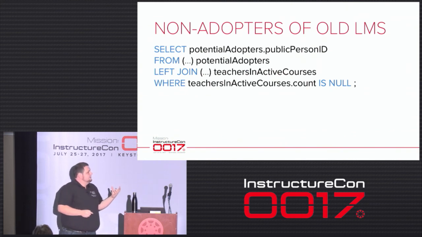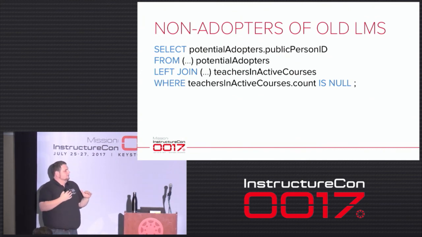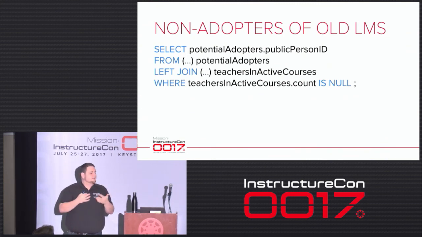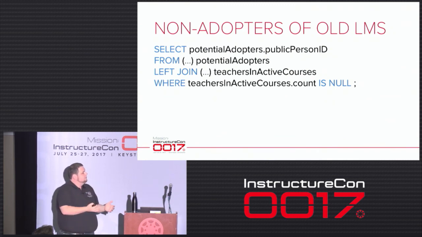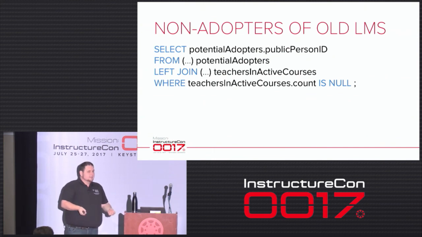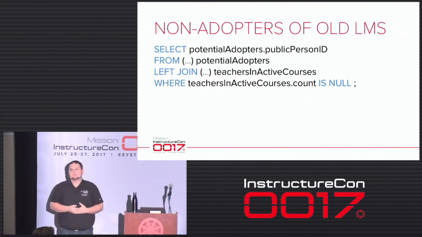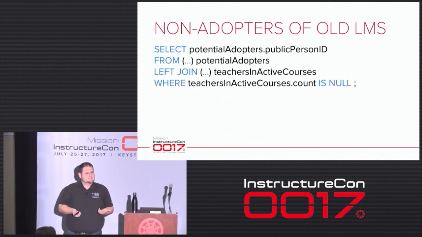I select that ID from the potential adopters and then join on the list of people who are in active courses in a left join, and then I only select the records where the count is null. So by negating activity in that way, selecting only the records where there are no active courses for them, I select all the people who did not adopt the previous LMS. Does that make sense?